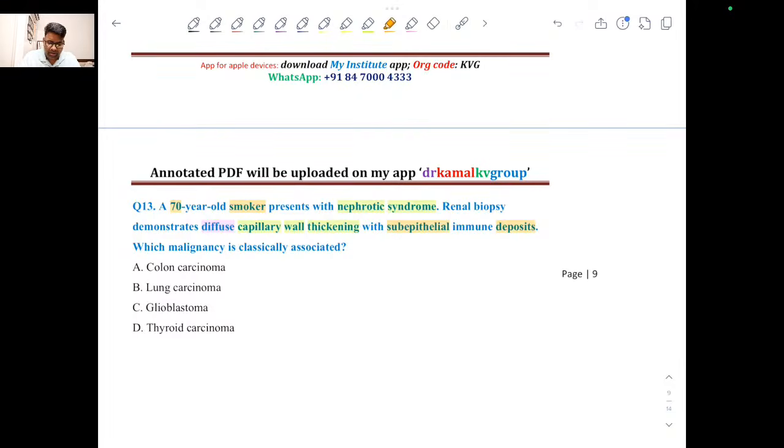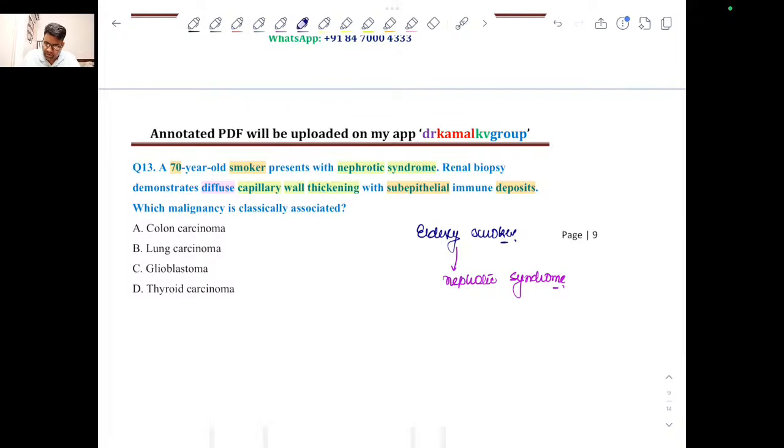Now, here it's an elderly smoker developing nephrotic syndrome. Clear? And what we see here on biopsy, there is diffuse capillary wall thickening with subepithelial immune deposits.